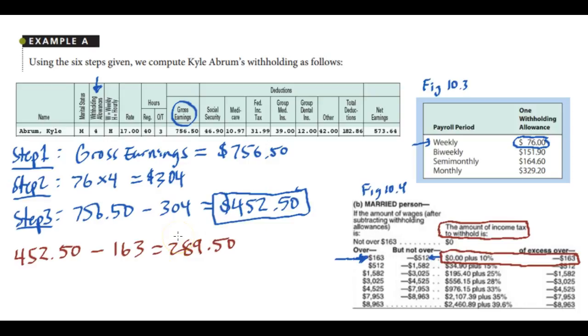This amount that I have rectangled in this brown color is the amount that is in this 163 to 512 range.